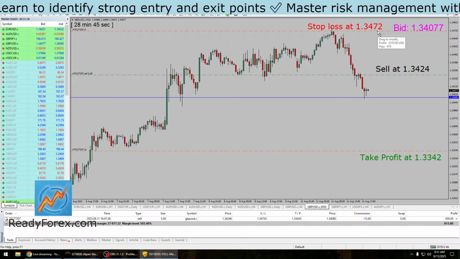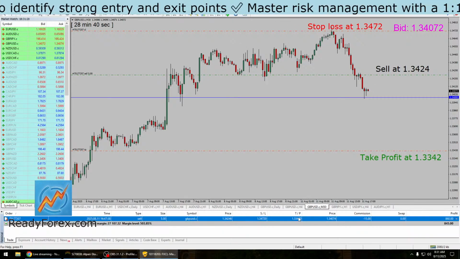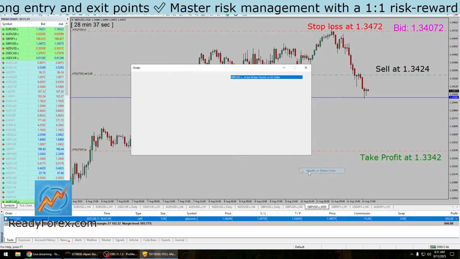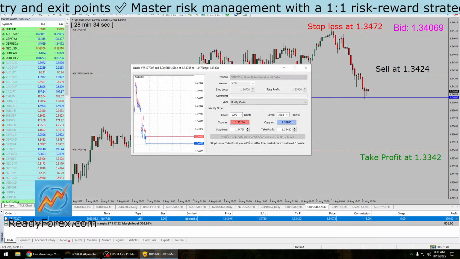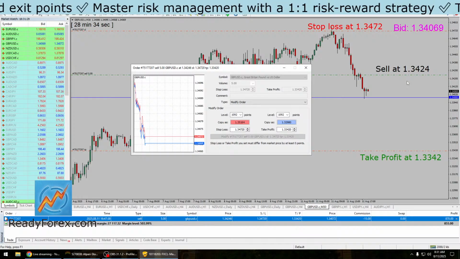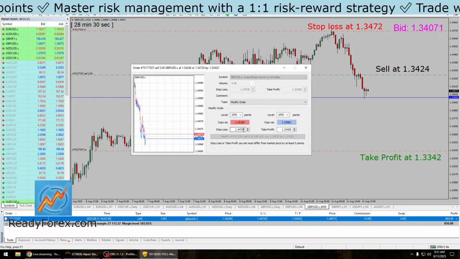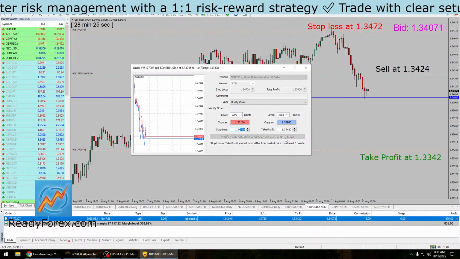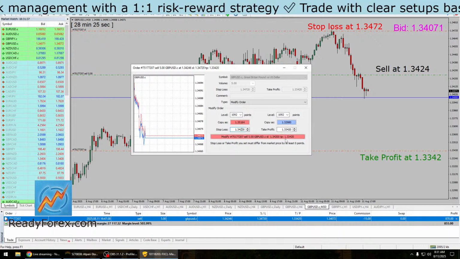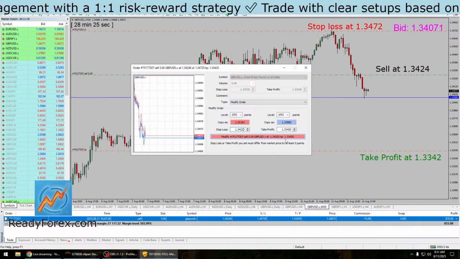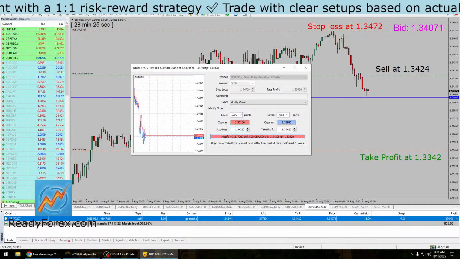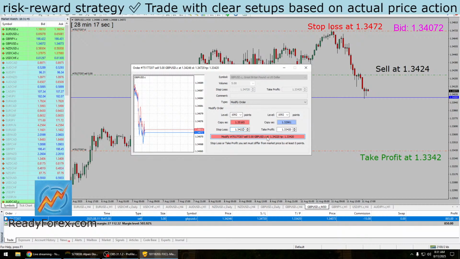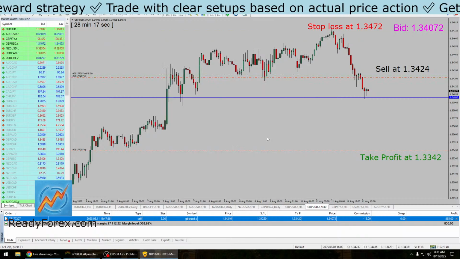Over here this is my sell entry, modify, and I opened a sell at 1.3424, so I'm going to put a trailing stop at 1.3422. I think this would be a good idea.